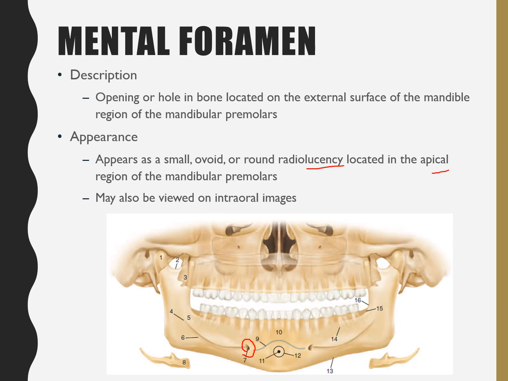You'll always see it kind of in this little area around where the 2 premolars appear. You can see it on most of your intraoral images, your PAs. You'll see it a lot. And it's important because if we wanted to numb up all of these teeth from here to the midline, we're going to need to understand how this mental foramen works.